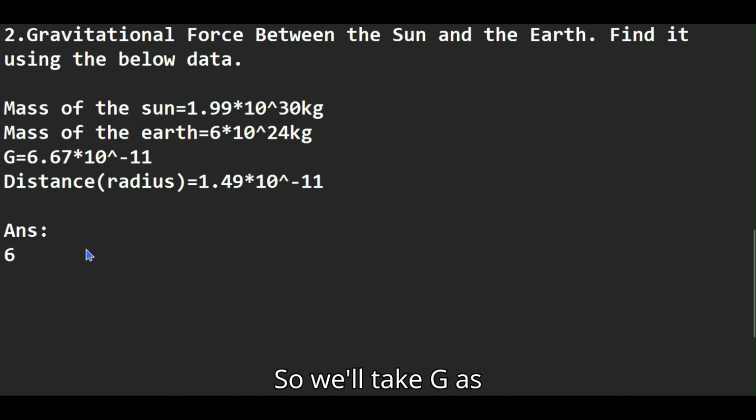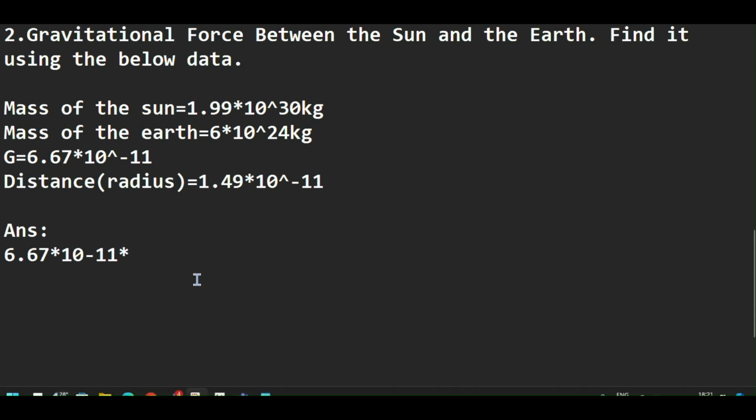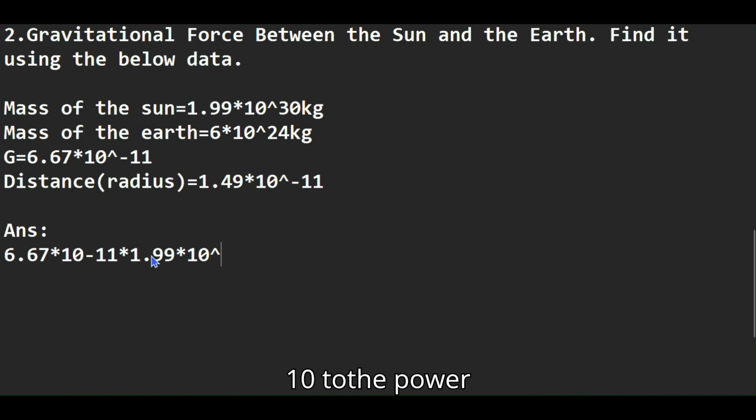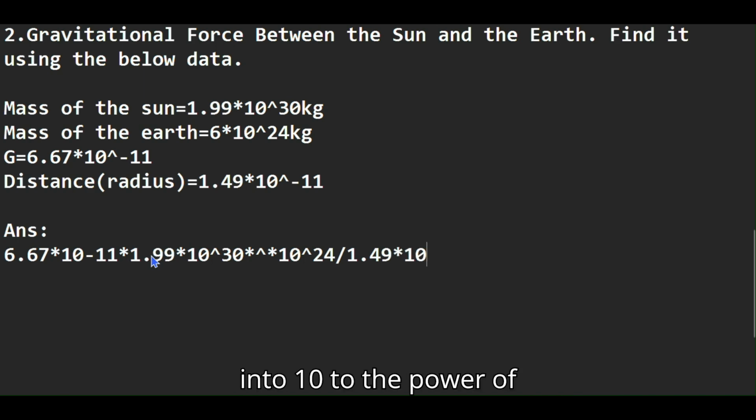We'll take G as 6.67 into 10 to the power of minus 11, times 1.99 into 10 to the power of 30, times 6 into 10 to the power of 24, by 1.49 into 10 to the power of 11, squared.